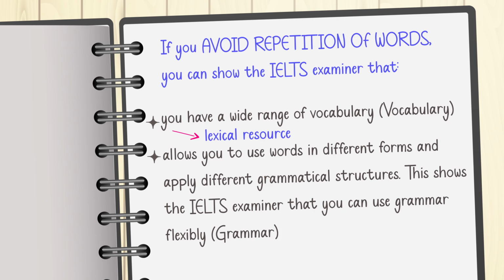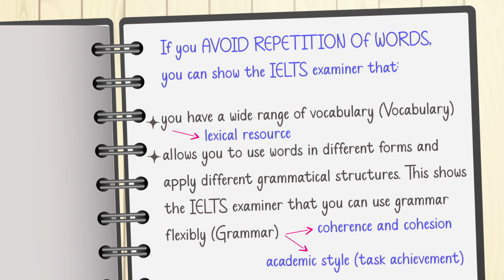And you will make your writing more cohesive if you avoid repetition of words. So your ideas and words will seem well connected. This is what we call coherence and cohesion. And because your writing style will be much better if you avoid repetition of words, you will have a more formal and academic style. So that is task achievement or task response.